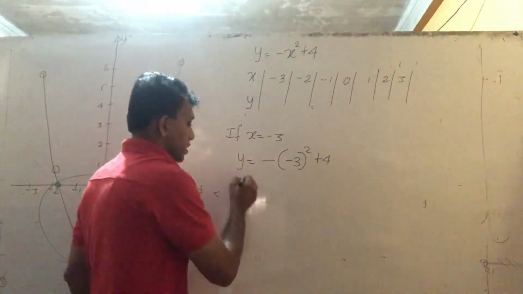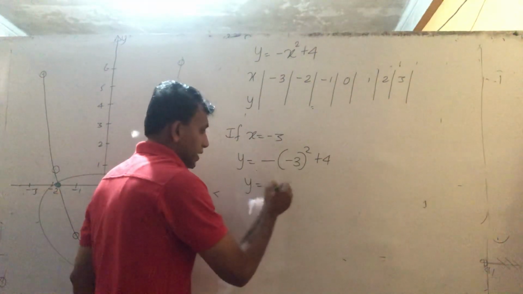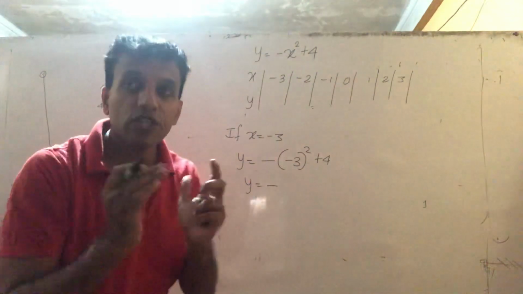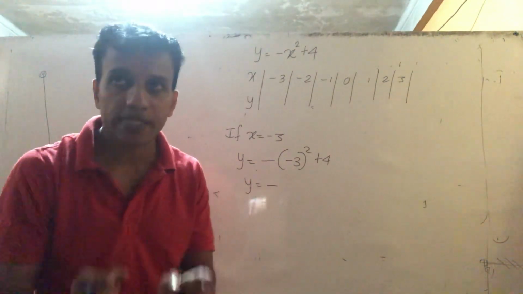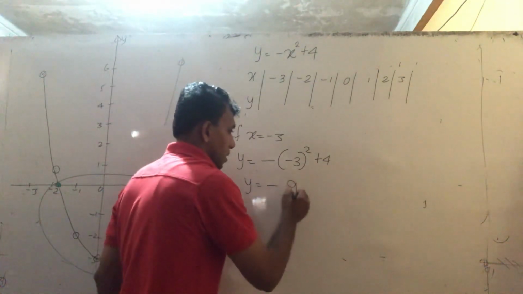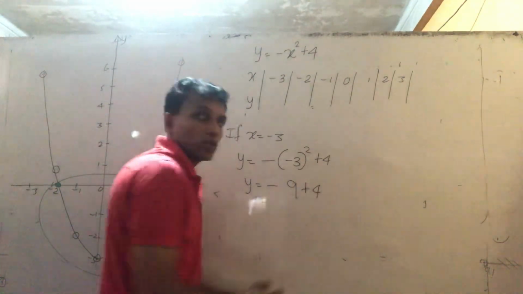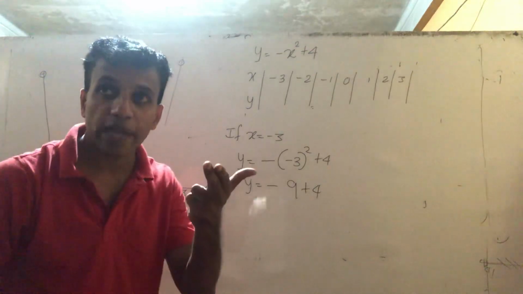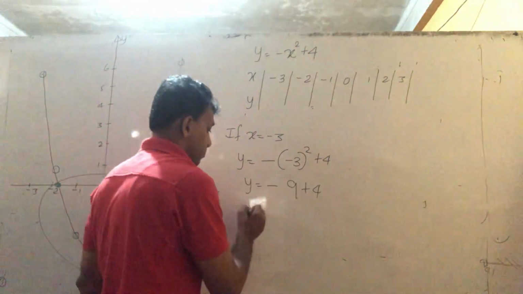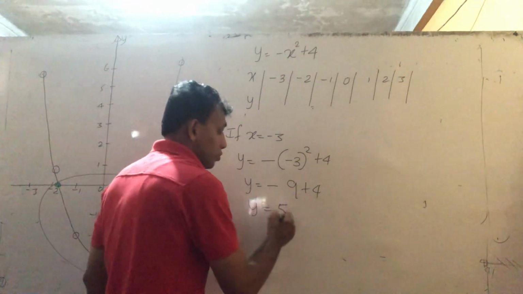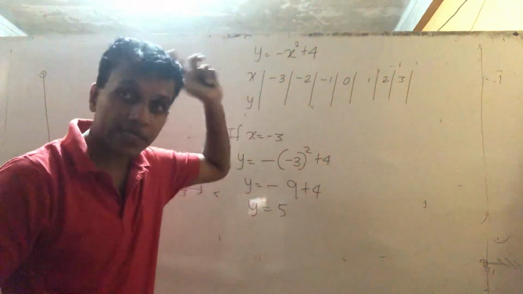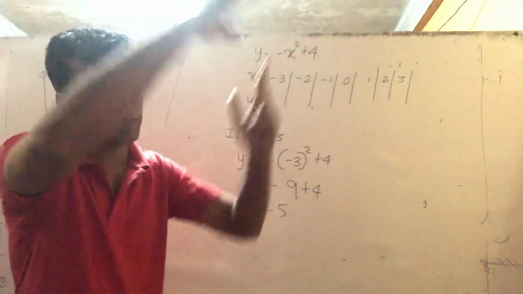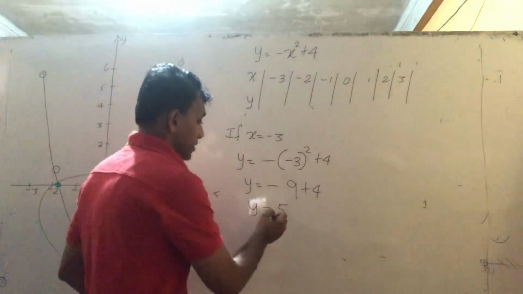So y equal minus 3 square. What do you mean by square? Multiply twice. -3 times -3 is 9, so minus 9 plus 4. What is the answer? -5. If anyone of you says +5, it is wrong. If you put +5 and draw, you will see it becomes a different shape and goes in a different way. So -5.